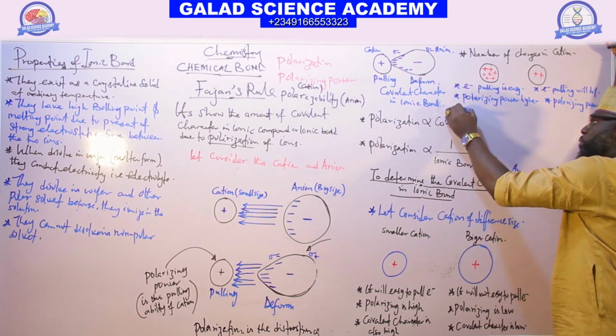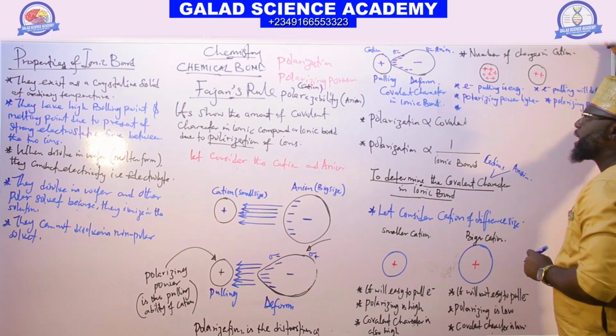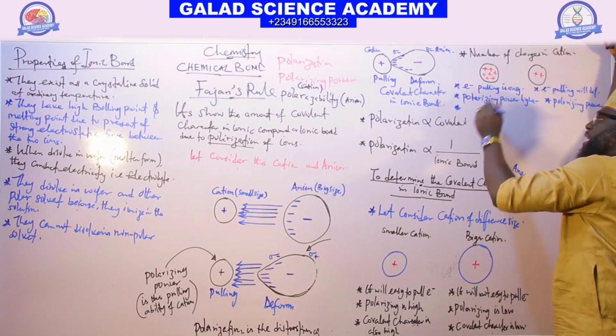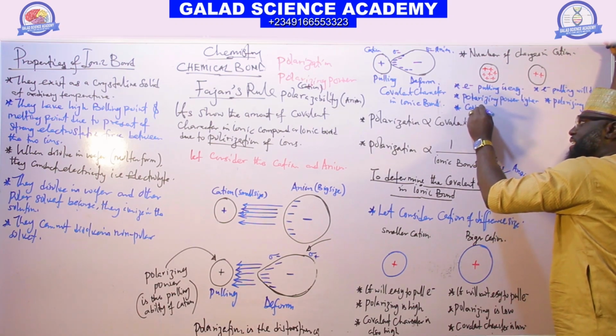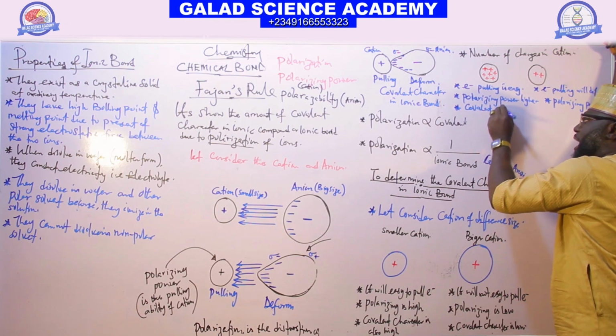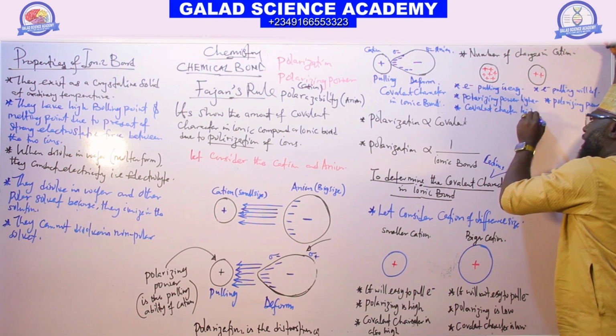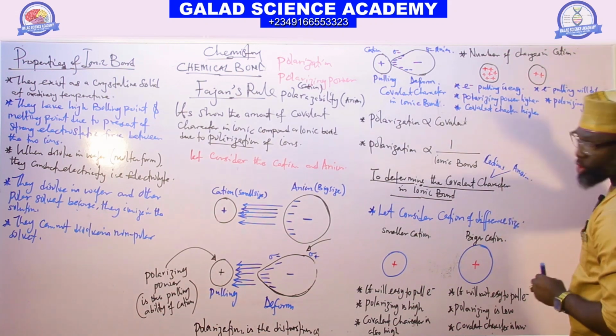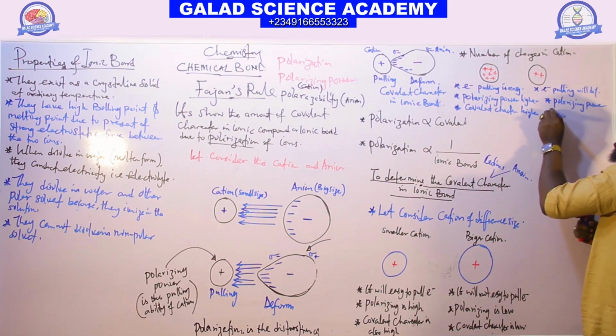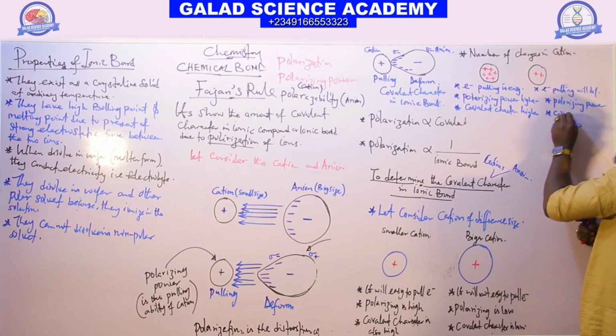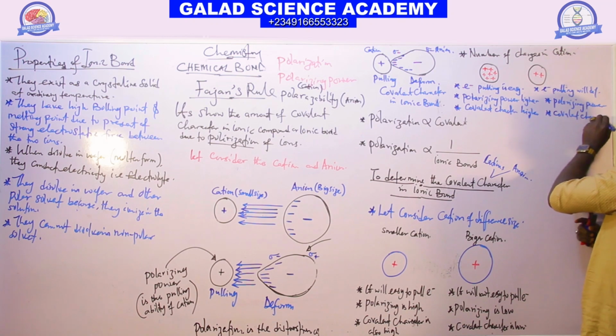And when polarizing power is high, covalent character is also high. Here, covalent character is low.